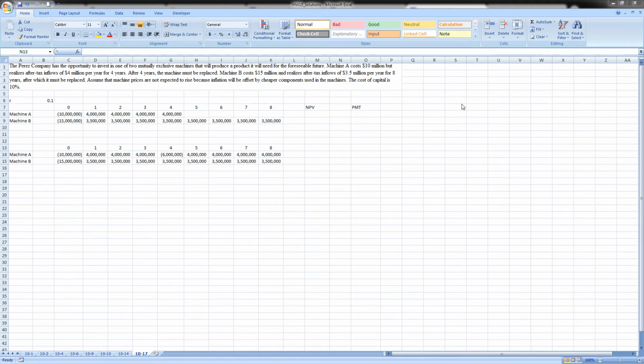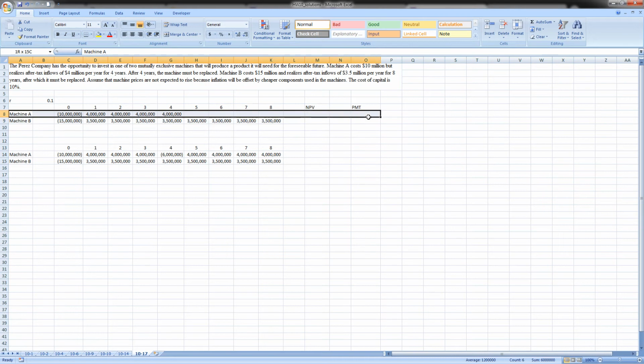There's two different ways we can do this. We can do this by using the equivalent annual annuity approach or replacement chains. This first approach is going to be the equivalent annual annuity.